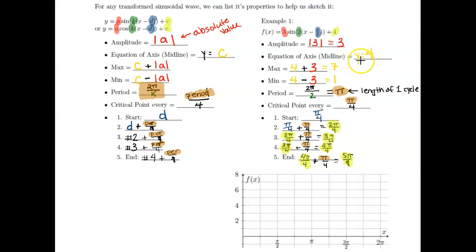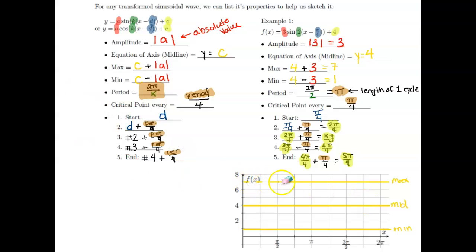So let's first take a look at my midline, maximum, and minimum. So my midline is at 4. My maximum is at 7. And my minimum is at 1. My max, midline, and minimum.